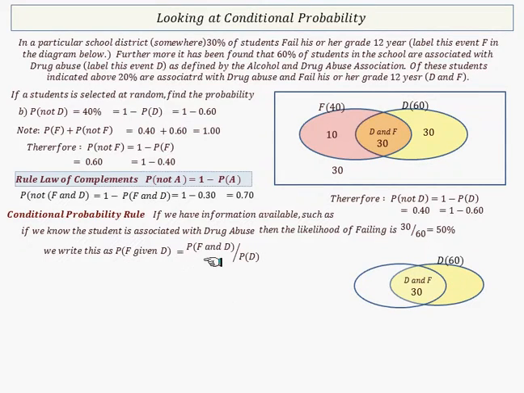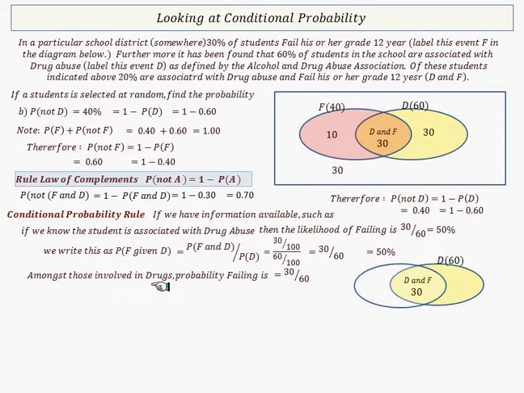We write this as follows: F given D is the probability of F and D divided by the probability of D. Note that the given D part goes on the bottom. It's the denominator. And on the top are those in D that are also in F. And that's 50%.